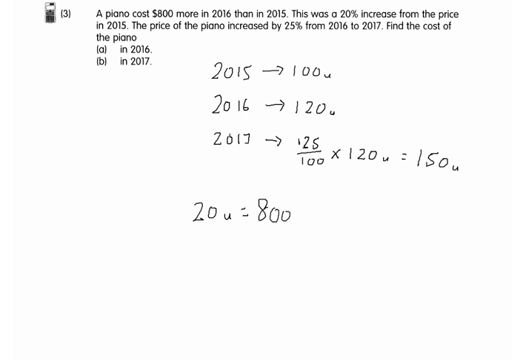You can find 1 unit, which is $40. Now, I want to find 2016. It's 120 units, which is 4,800. And I want to use 2017, which is 150 units. 150 units will be equal to how much? 6,000.